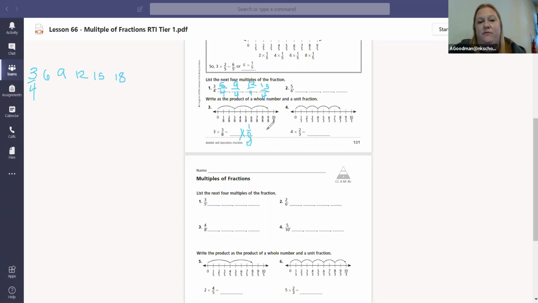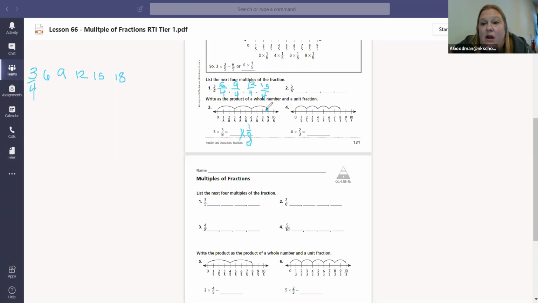So 3/8, counting by threes: 3, 6, 9. So 3/8, 6/8, 9/8. So here's my little number line, 3/8, 6/8, 9/8.